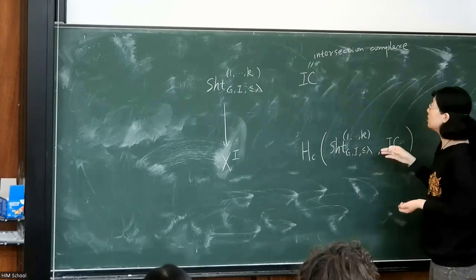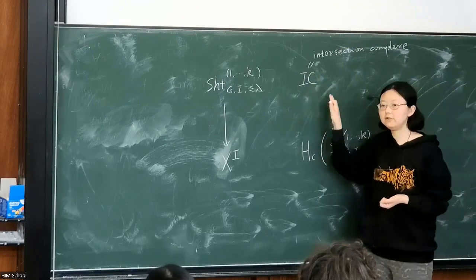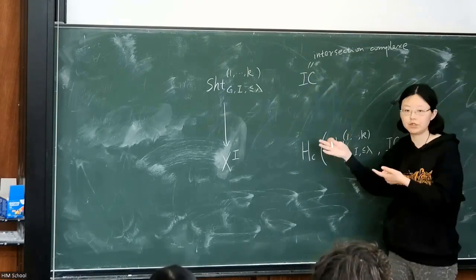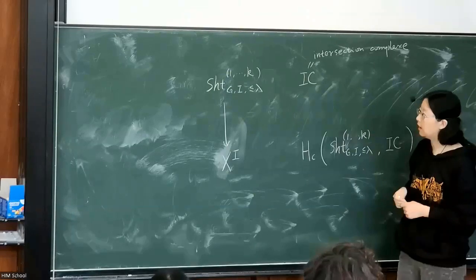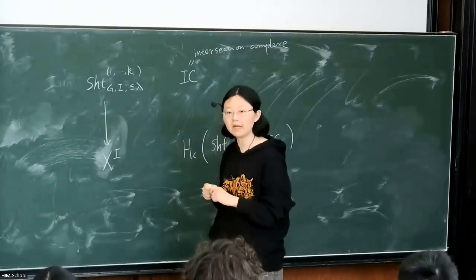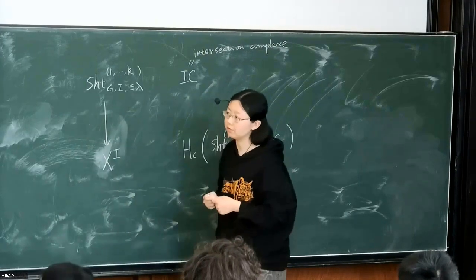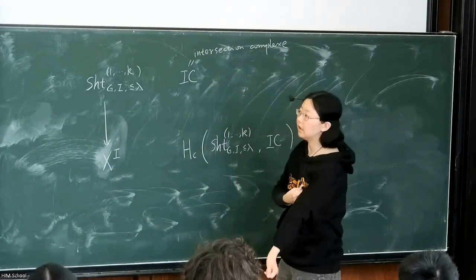When it is smooth, the IC sheaf is just the constant sheaf shifted by some degree. And in particular, in the case of Drinfeld's Shtuka, the stack is smooth because you have minuscule coweight.